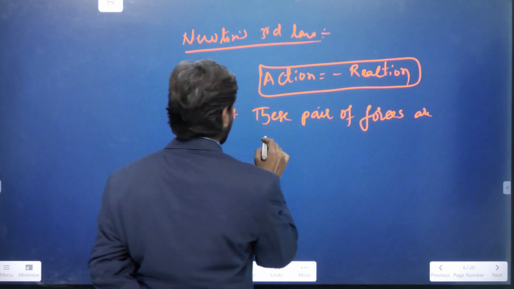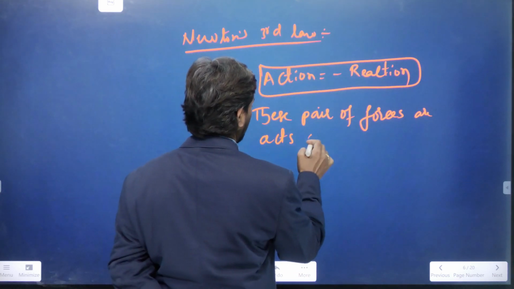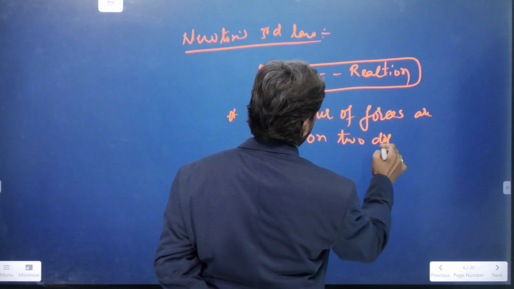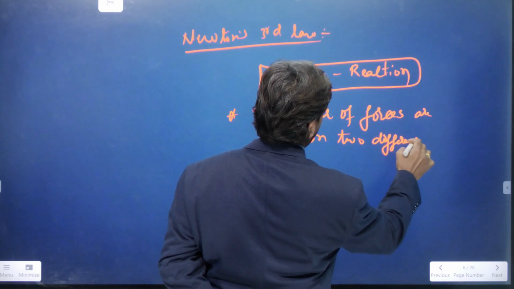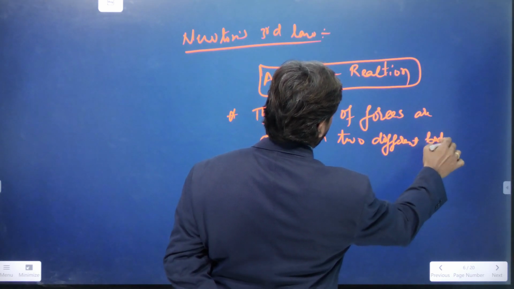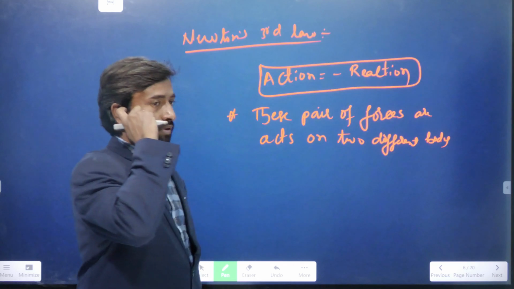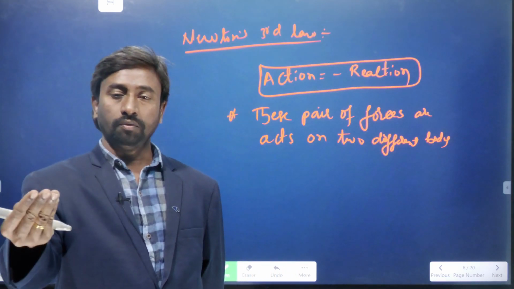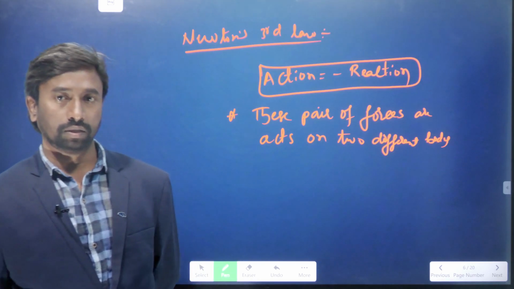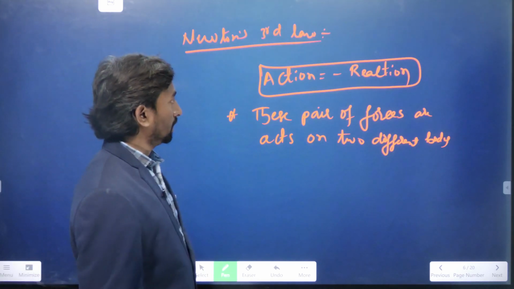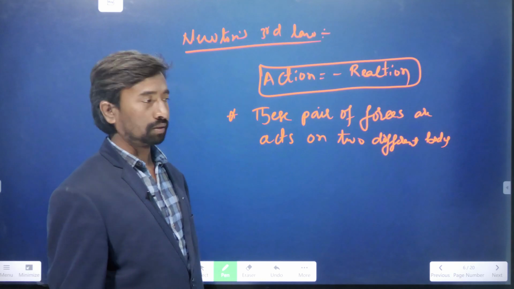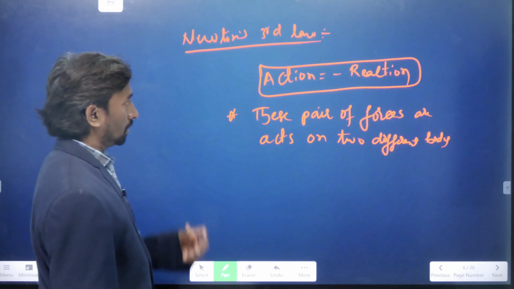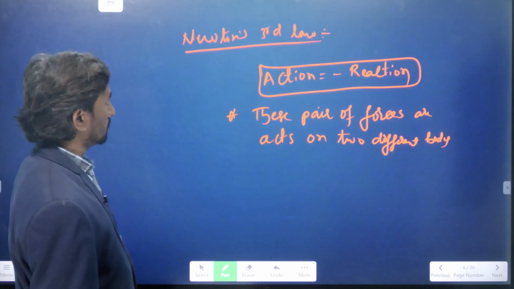In the same ball and wall example, the ball applies the force, that is the action, and in the reaction the wall applies the force on the ball. They are equal in magnitude and opposite in direction. That is Newton's third law.